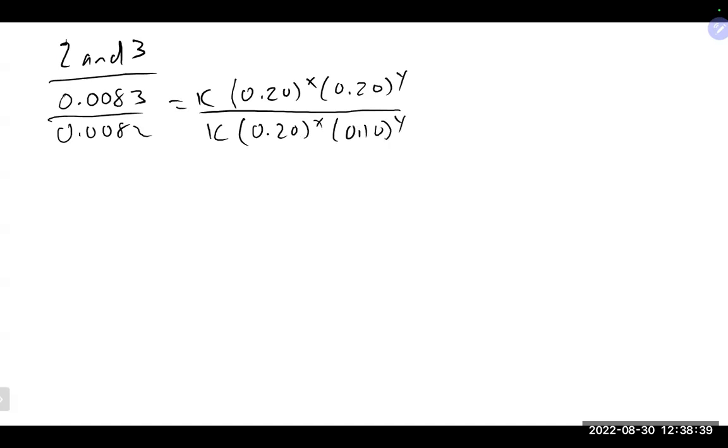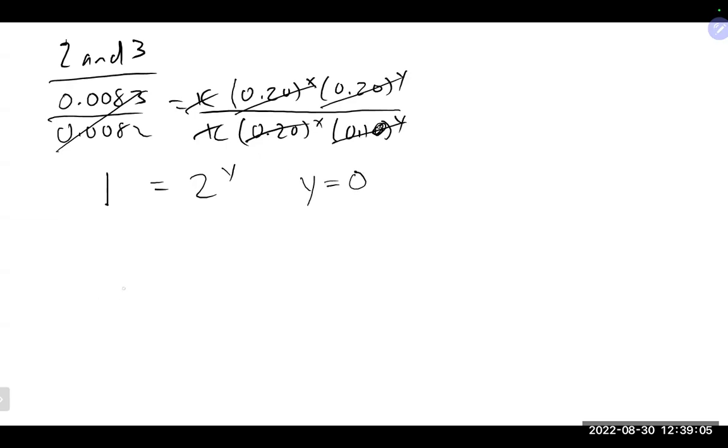Okay. So here, essentially, you could call it a 1, but it's really 1 point something, like 1.0 something. This will give us some K's that cancel. These guys will completely cancel. When these guys cancel, as that's not a 16, that's a 10. We will do a 2 to the Y. In this case, Y would equal 0, right?